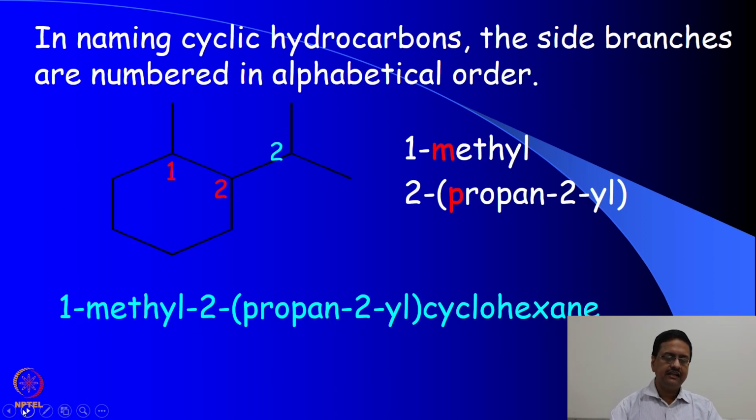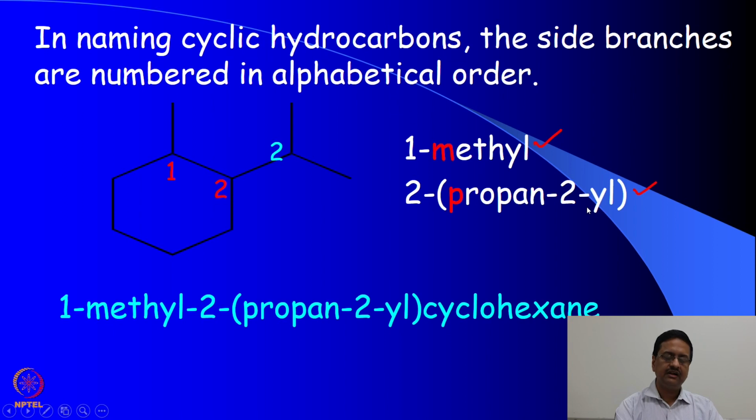So, when we try to name the cyclic hydrocarbons, the side branches are numbered in alphabetical order. Now, we have 2 substitutions in this particular molecule, a methyl substitution and a propan-2-yl substitution.